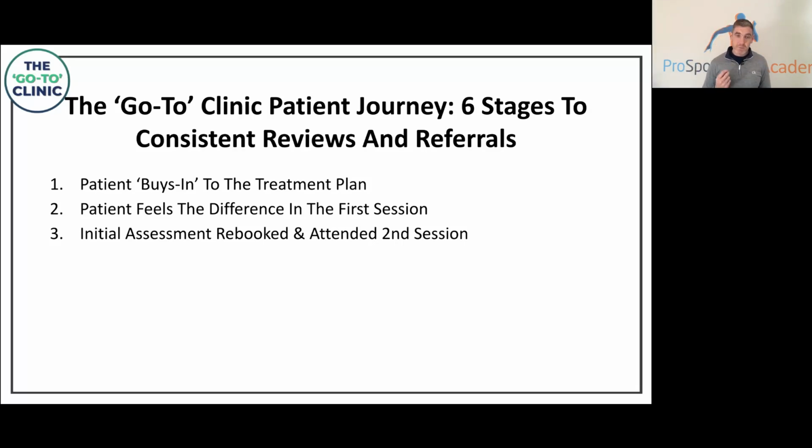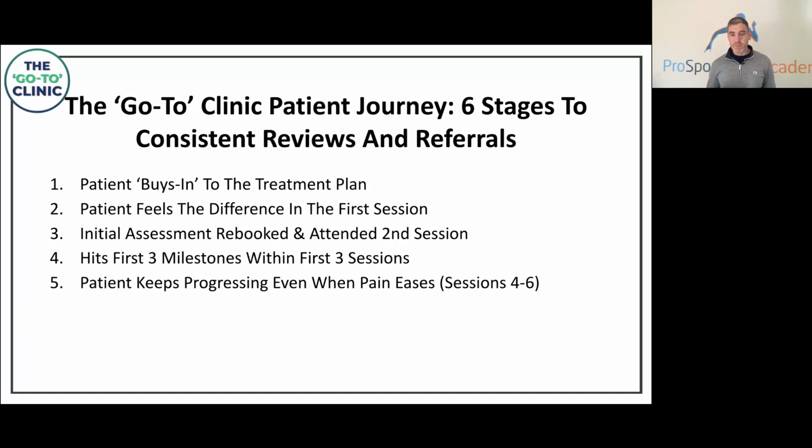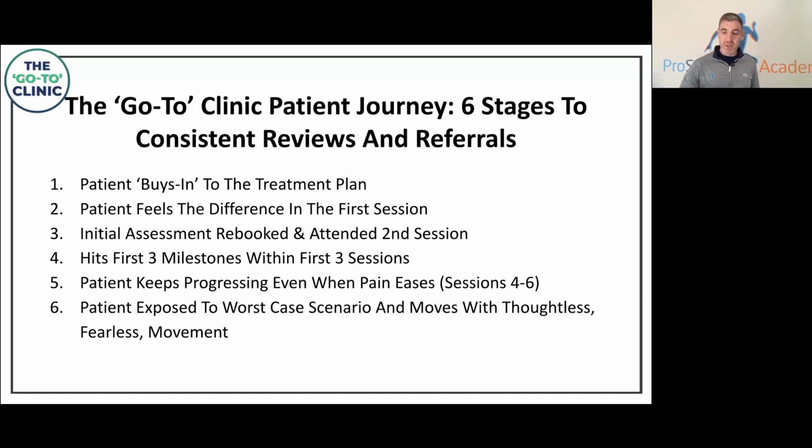And this is why this metric is the platform to improving everything else, giving you the time to hit your other milestones within the first 3 sessions, which is stage 4. Your patient progresses even when the pain eases, is stage 5. And then they're exposed to worst case scenarios and they've achieved their definition of success, and they're moving with thoughtless, fearless movement, which is stage 6.